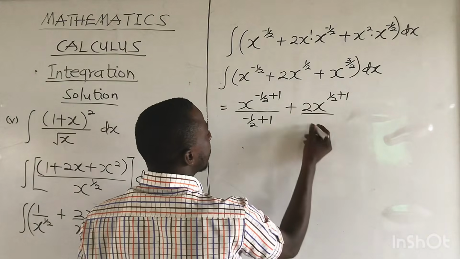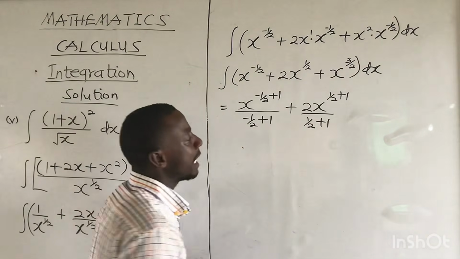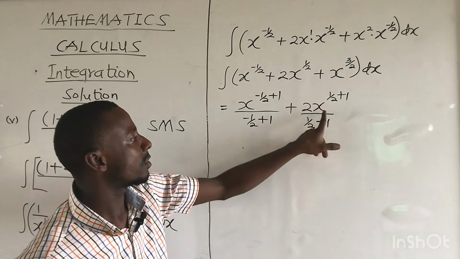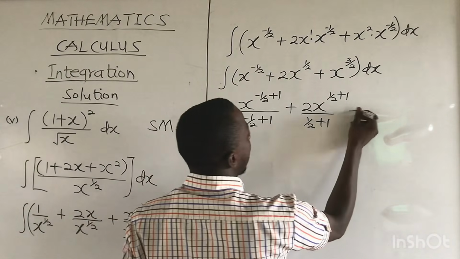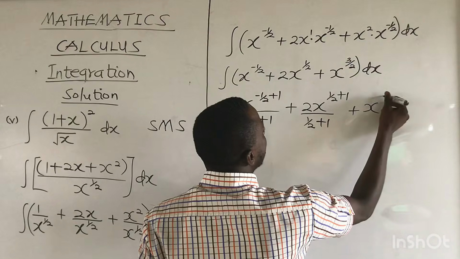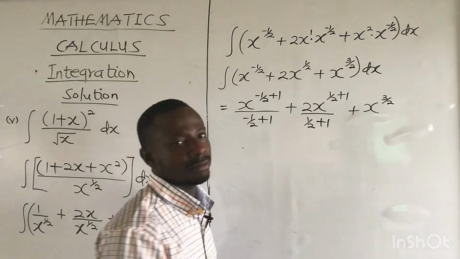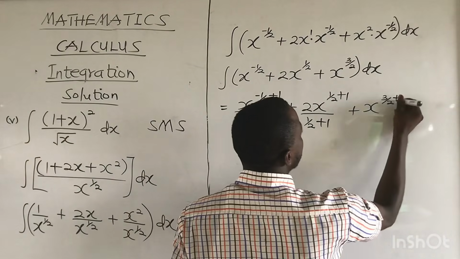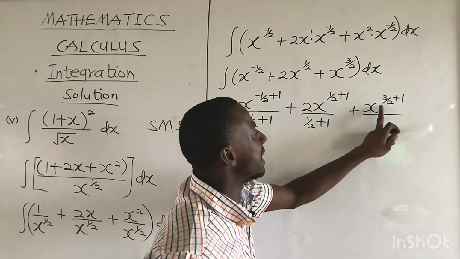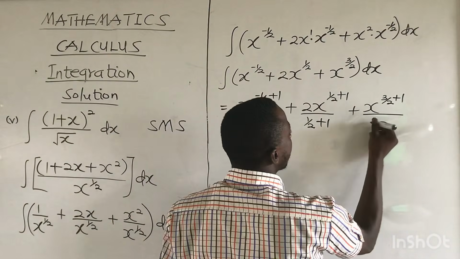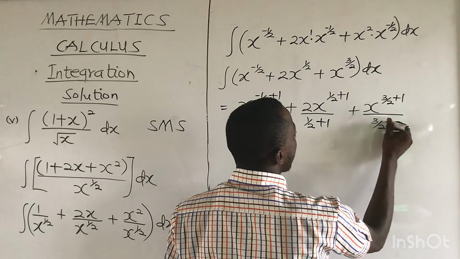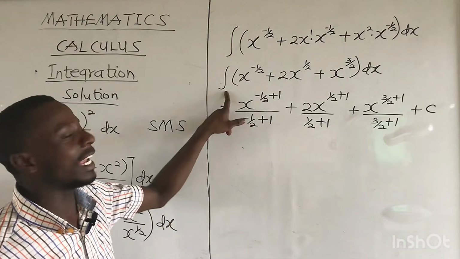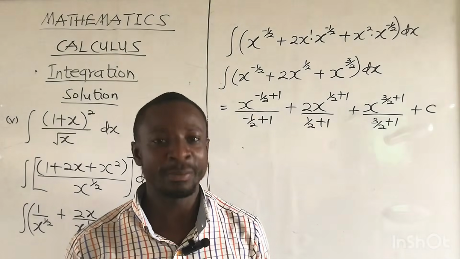So we add 1 to this. We have the same thing as we have done here, which is also half plus 1. Plus, we have x exponent 3 over 2. So in integrating, we add 1 to the exponent. All over the same thing here, which is also 3 over 2 plus 1. Plus c, because the integral sign has no limit.